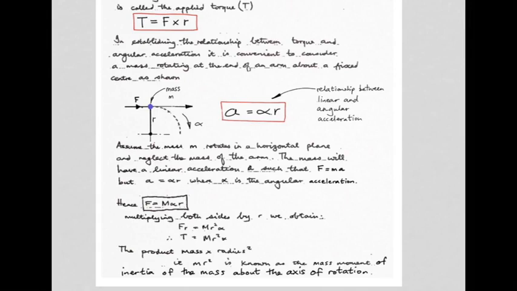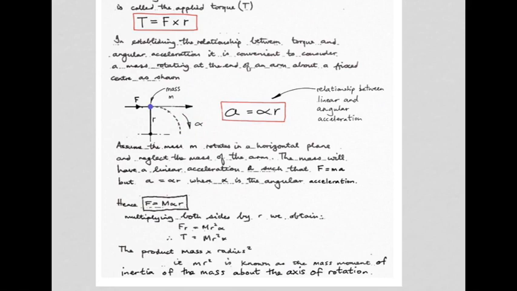If we consider this blue mass rotating about that very same spot, and we also consider that rotation is occurring with increasing speed, in other words, there is alpha present, the radians per second, the angular velocity, is increasing with time. We have acceleration.